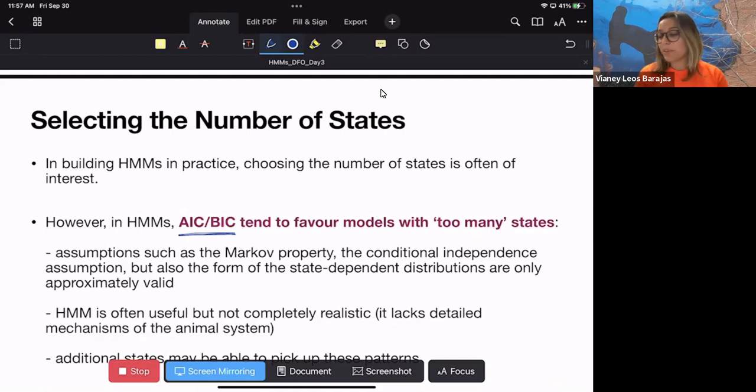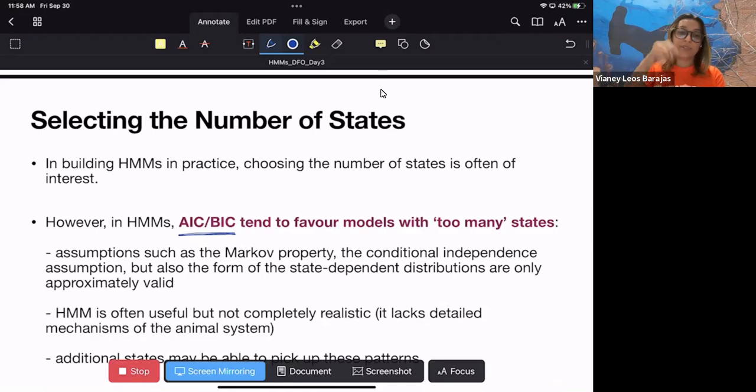A reason for this might be that assumptions such as the Markov property, the conditional independence of observations given the states, and maybe also the forms of the state-dependent distributions are only approximately valid. It's not going to be the perfect model for our data. A hidden Markov model is often useful, but it may not be completely realistic. It lacks detailed mechanisms of the animal system. The evolution of the states is described by a first-order Markov chain.